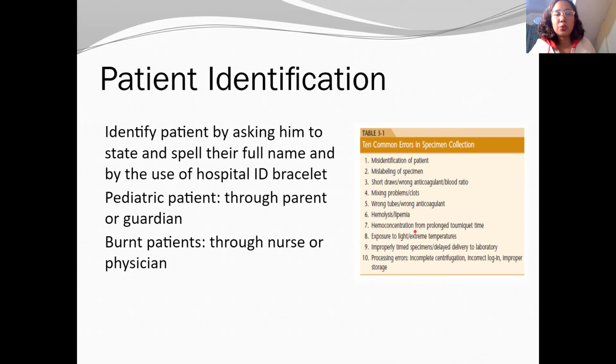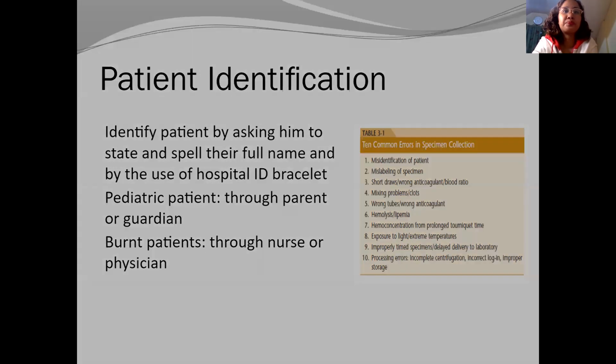Then hemolysis, mixing, processing errors, delays, exposure to light, for example bilirubin when exposed to light. Arterial blood gas samples always need to be transported in ice, and so on.